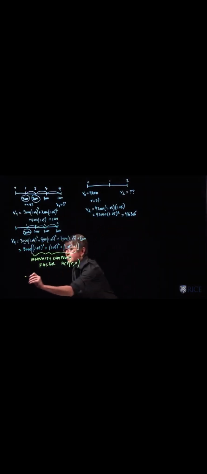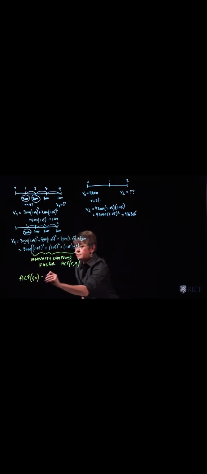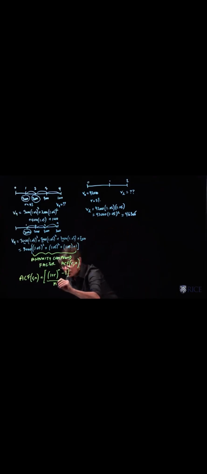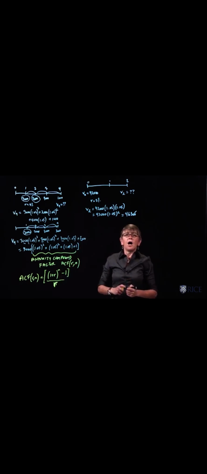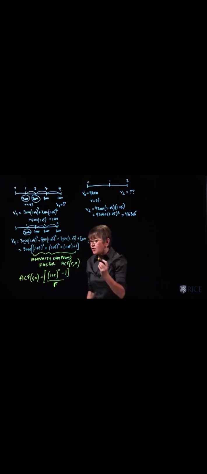And so in general, the annuity compounding factor is 1 plus r to the n, minus 1, divided by r, not n. So in general, what is the future value of an annuity where the cash flows are C dollars?